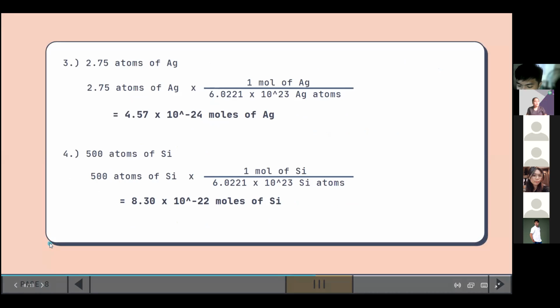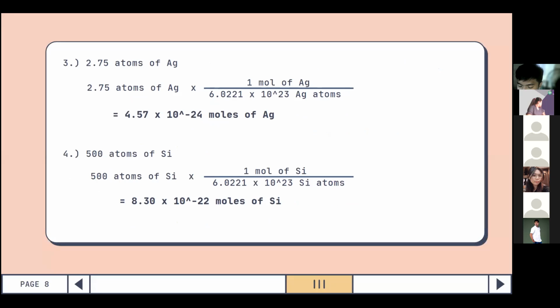For the given of number 3, 2.75 atoms of silver, it is multiplied by 1 mole of silver over the Avogadro's number 6.0221 times 10 to the power of 23 silver atoms, and it is equal to 4.57 times 10 to the power of negative 24 moles of silver.